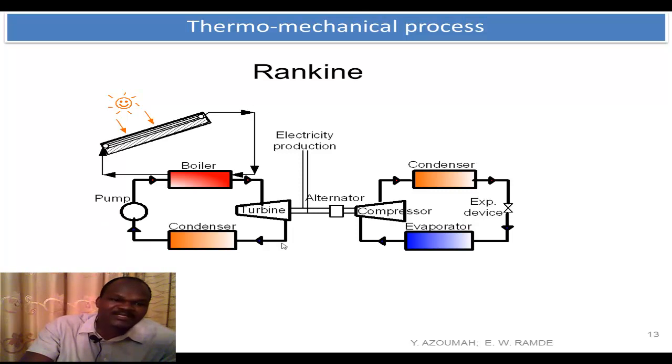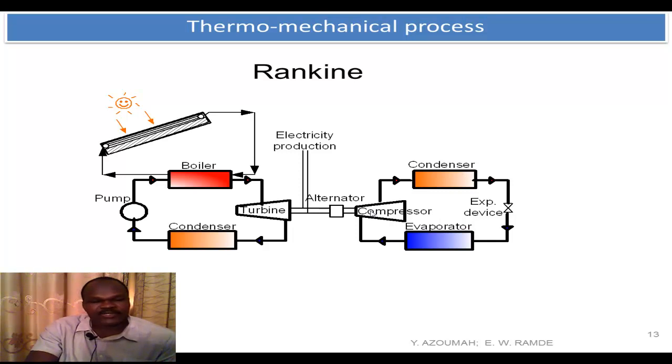You have the sun loop, okay? The cursor is showing the sun loop. And then you have your refrigeration loop, a conventional, normal vapor compression refrigeration loop, where you have the compressor, the expansion device, the evaporator, and then the condenser.